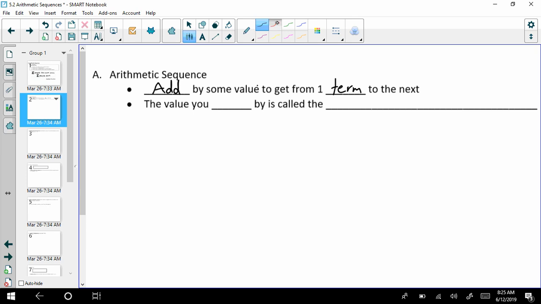So a lot of my students will remember this by arithmetic and add both start with A. The value that you add by each time is referred to as the common difference. And in formulas today, it's going to be represented by the variable d.